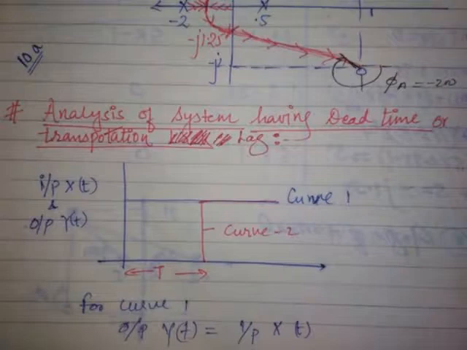Now this non-linearity called dead time is approximated as a zero in the right side of the S plane, which means in LTI systems, zeros should not be present in the right side, and neither can we add zeros in the right side. If you are adding a zero in the right side of this plane, it means you are incorporating one or other form of nonlinearity in that system.